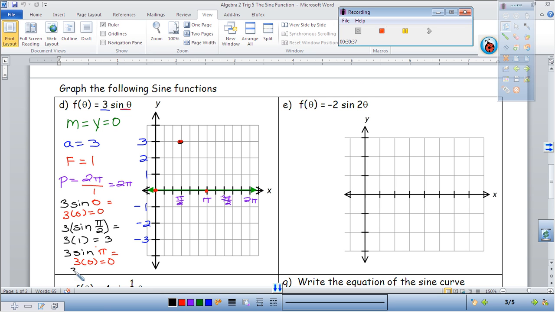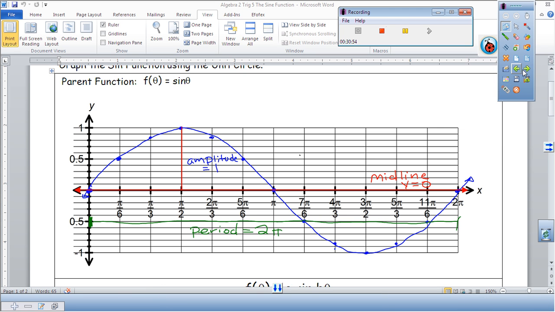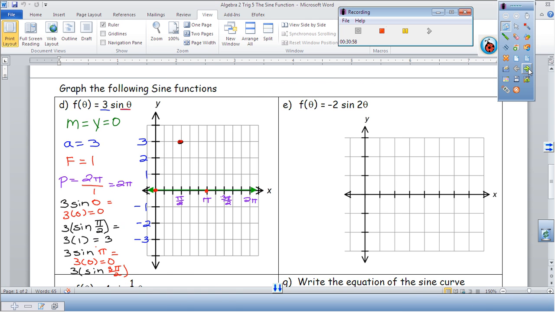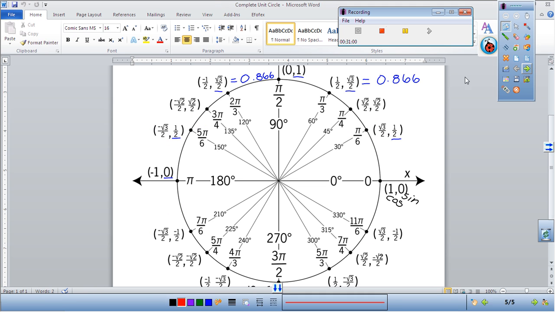Then we're going to do 3 times the sine of 3 pi over 2. We're back to our unit circle. At 3 pi over 2, what is the sine? Negative 1.